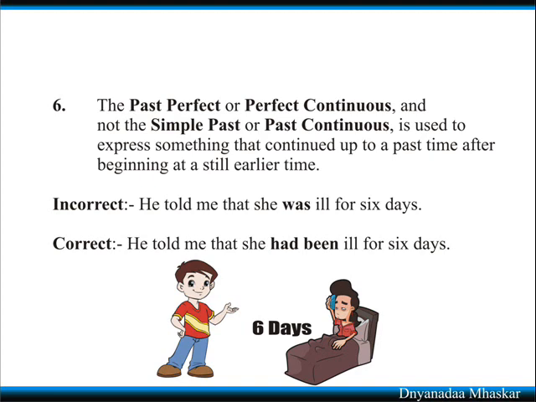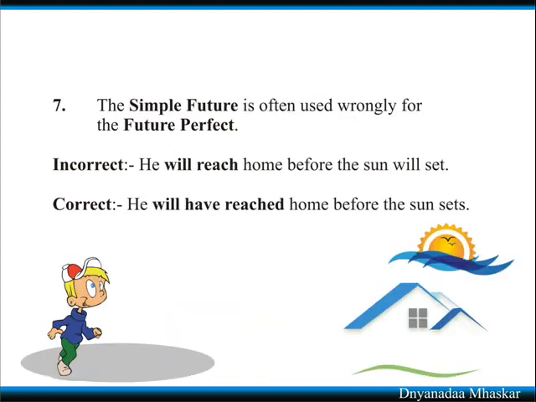The correct sentence is, he told me that she had been ill for 6 days. The last error, the simple future is often used wrongly for the future perfect. Example, he will reach home before the sun will set. It is wrong. The correct one is, he will have reached home before the sun sets.